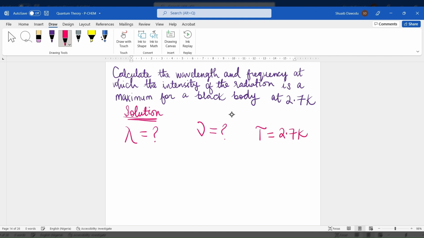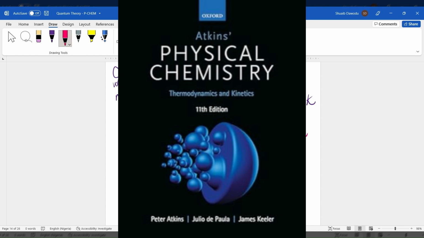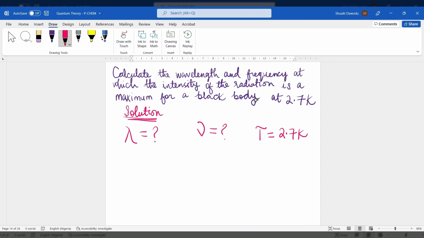Now, I want you guys to know that this is a physical chemistry Atkins 11th edition question from the Atkins Physical Chemistry 11th edition textbook, and we're dealing with quantum chemistry or quantum mechanics here.